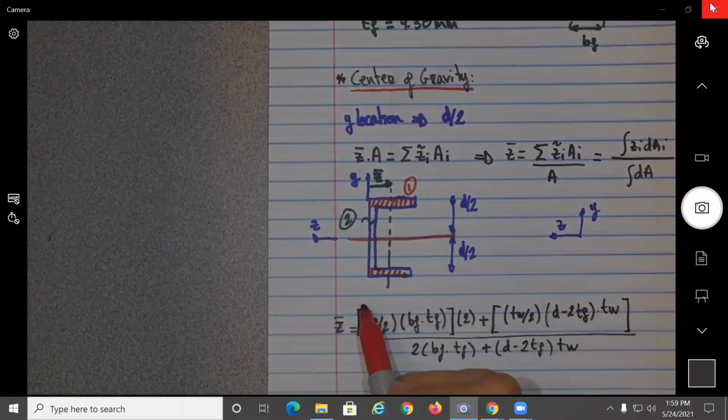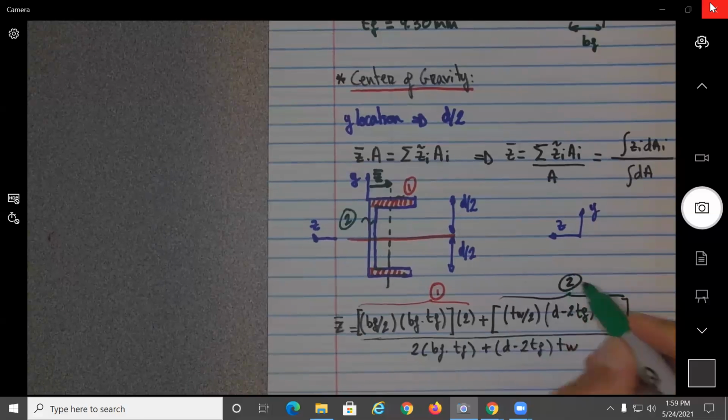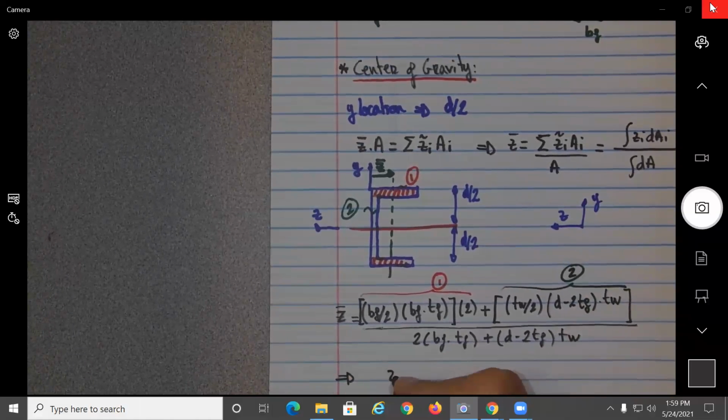Again, this is for 1. This is for 2. And if you do the calculations, you find that Z.